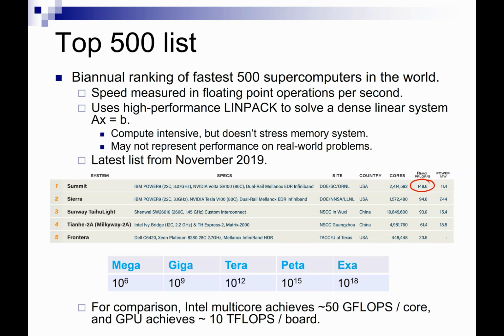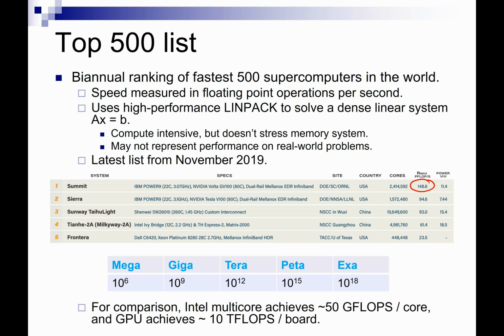Okay, and also just to compare these supercomputers with something that you might have at home, for example, an Intel multi-core. The multi-core has, of course, multiple cores, but each of those cores can do something like maybe 50 gigaflops of performance, if they're fast cores.